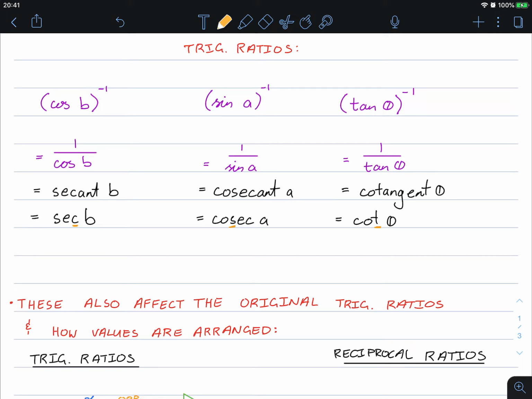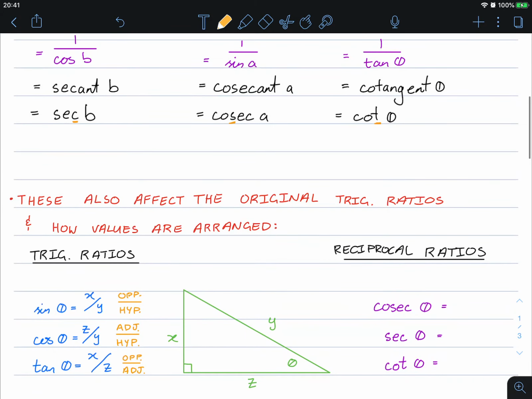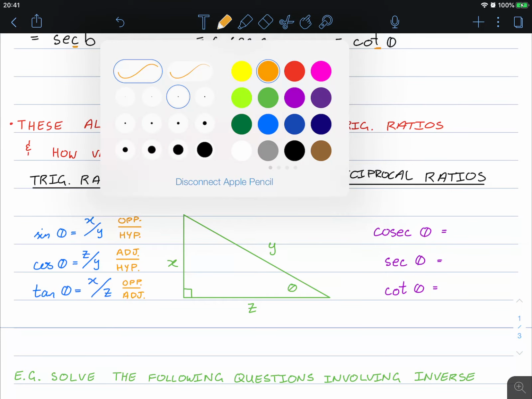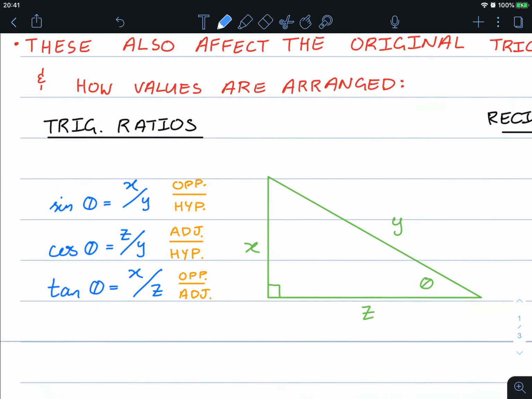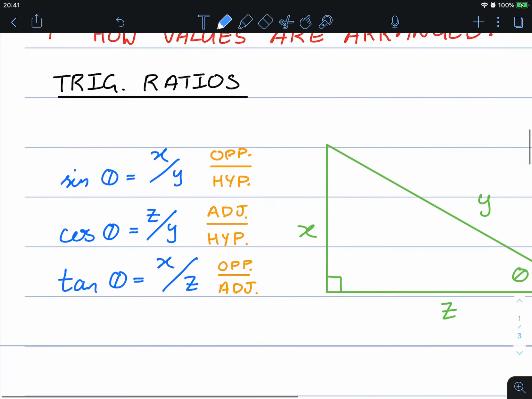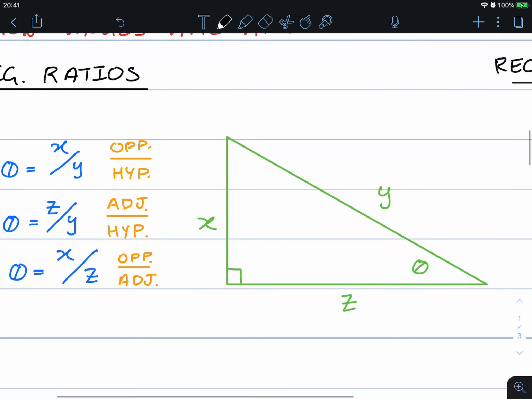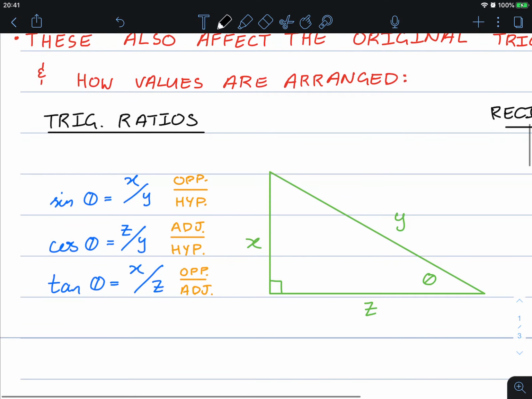More importantly though, these reciprocal identities affect how the original ratios are arranged. So, for example, we're very familiar with SOHCAHTOA, and applying it to any triangle. Here's just one example.